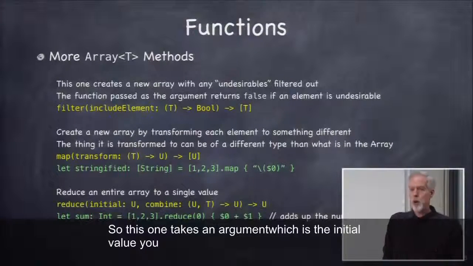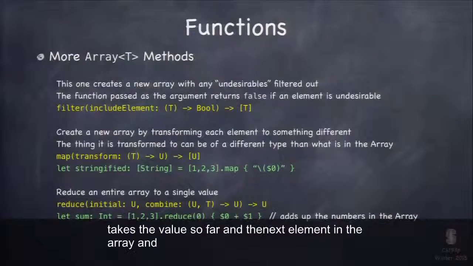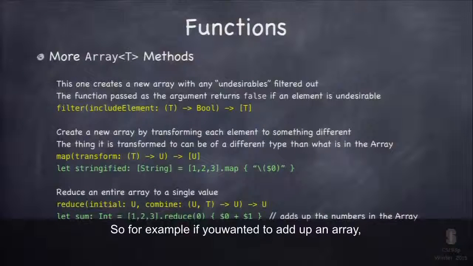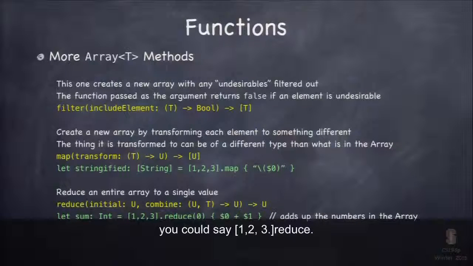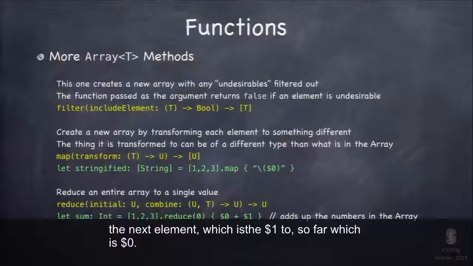This one takes an argument which is the initial value you want to start with, and then it takes a function that takes the value so far and the next element in the array, and you return what the combination is. So you're just combining, combining, combining. For example, if you wanted to add up an array, you could say 1, 2, 3 dot reduce, start with a 0, and then my closure is just going to add the next element, which is the $1, to so far, which is $0.